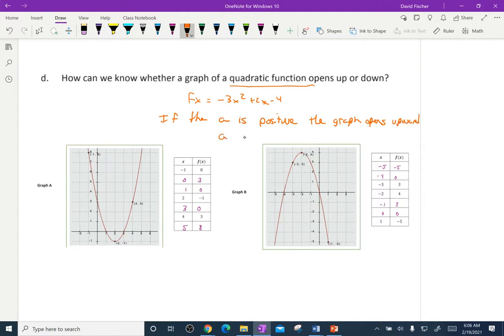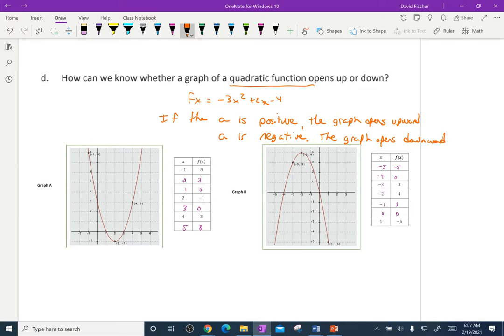If the a is negative, the graph opens downward. I think that's what they're looking for on that one.